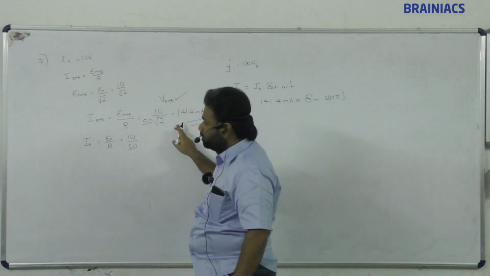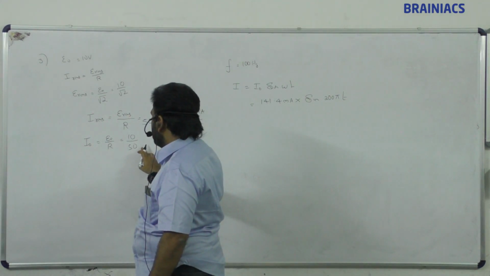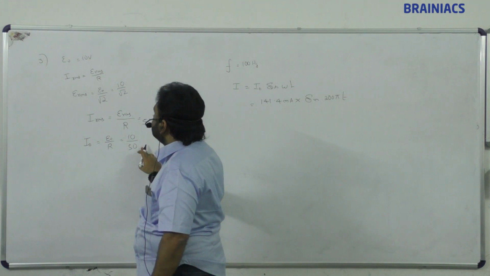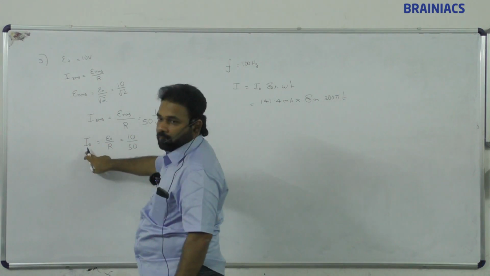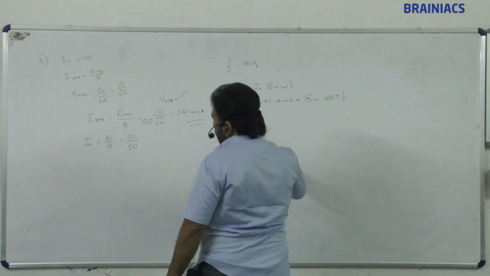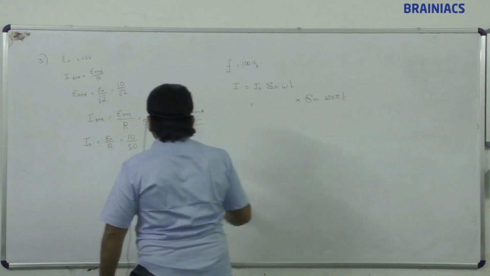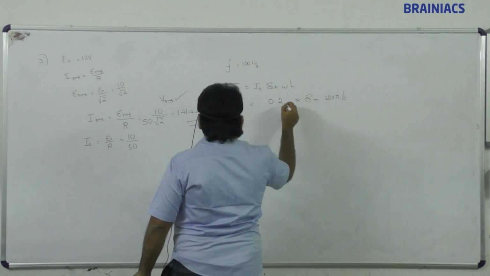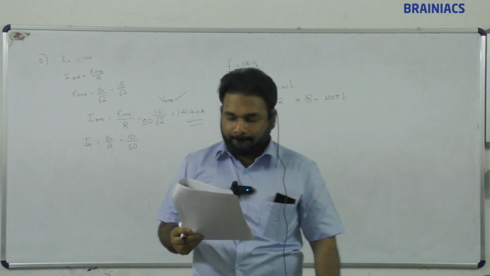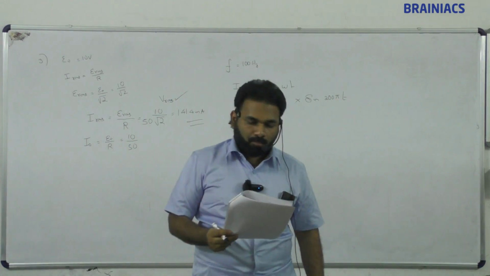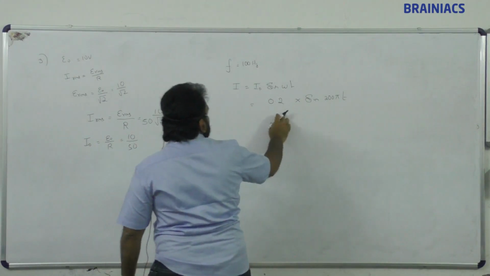I naught is 1 by 5. This is I naught. Okay, so this is 0.2 amperes.